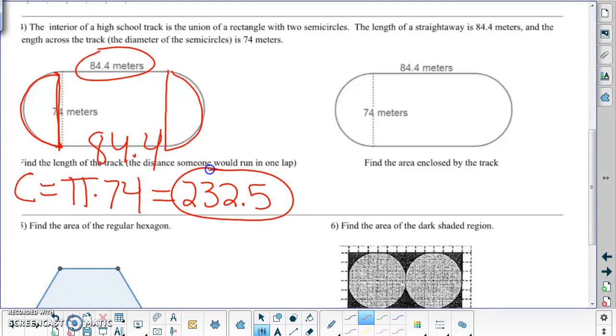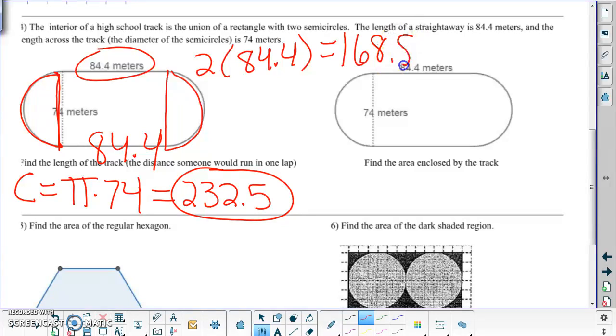Okay, so those are the rounded parts, and then the straightaway would just be the 84.4 plus 84.4, so 2 times 84.4. So what's the straightaway? 168.8. Yeah, 168.8, you're right.